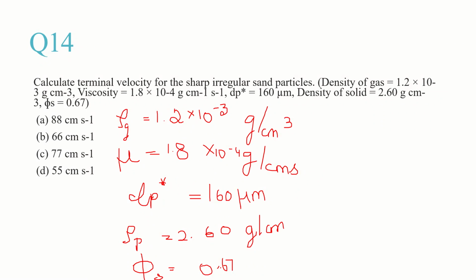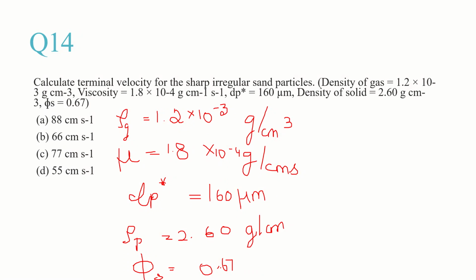So the question is the terminal velocity for sharp irregular sand particles. Now we need to determine the terminal velocity of the particles. First we need to identify the terminal velocity and check whether the particles are falling in that regime or not by calculating the particle Reynolds number.